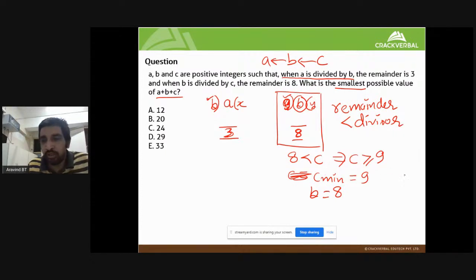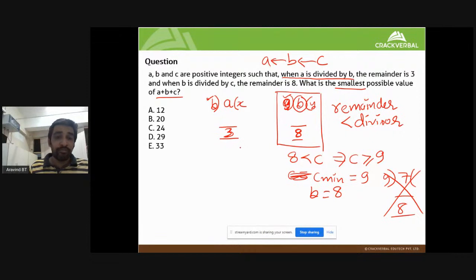I mean, you can't put 7 divided by 9 and say I got a remainder 8, right? This will not happen. The only way in which the remainder can come out to be 8 is that B itself has to be 8, right? But can B be 8? Is B being 8 a possible value?